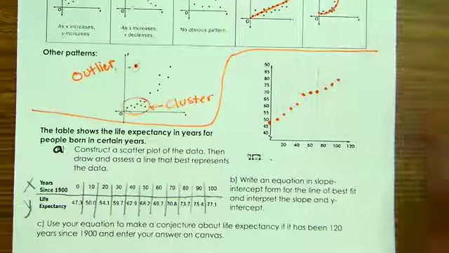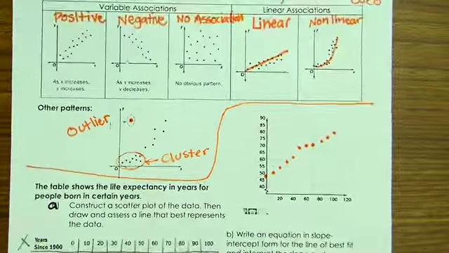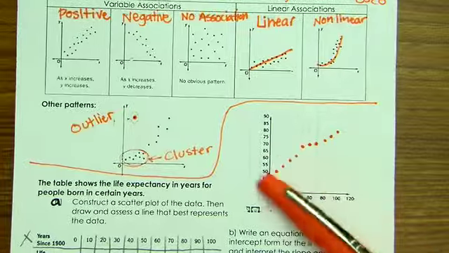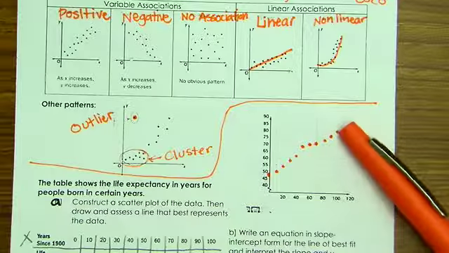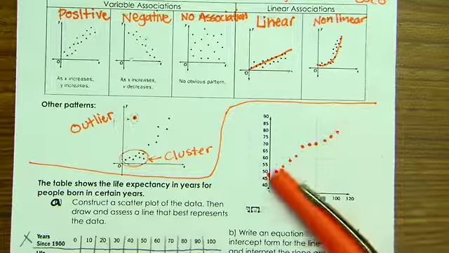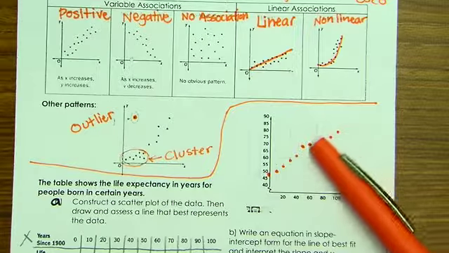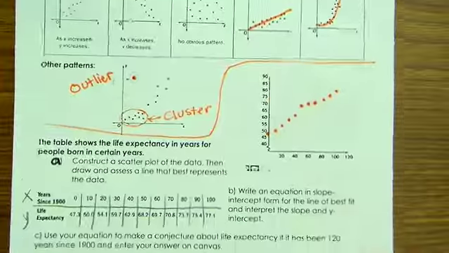All right, so I've got my points on there. And just doing some interpretations based on what we saw in this last section, I would say that this is a fairly linear association and that it has a positive association to it, or a positive slope, and we don't really have any major outliers. Right here we have a little bit of a bump, but it's not anything too dramatic.